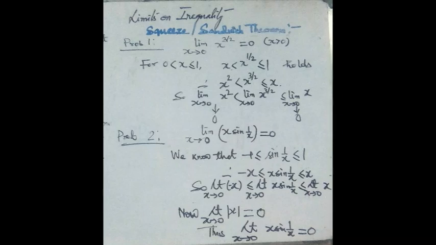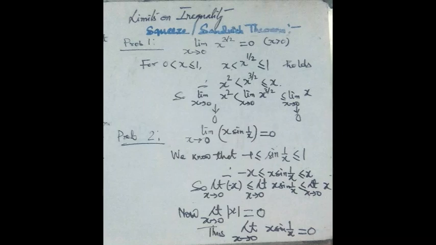Now this implies that the limits of the three functions must hold the same order. That means limit as x tends to 0 of x square should be less than limit as x tends to 0 of x to the power 3 by 2 and should be less or equals to limit as x tends to 0 of x. Now note one thing, limit as x tends to 0 of x square is nothing but 0 and limit as x tends to 0 of x is nothing but 0.